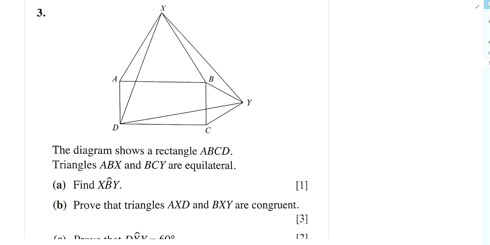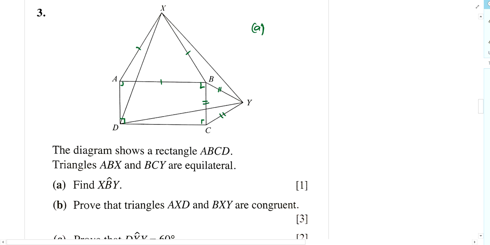So, there's a rectangle, so I know that this is 90 degrees. These are all 90. These are equilateral. Is there another equilateral triangle? BCY. Okay, this one.